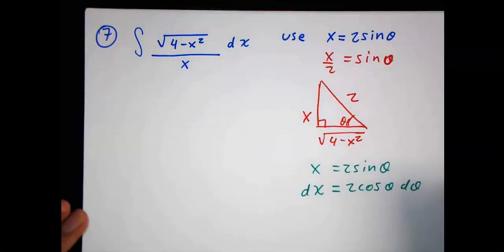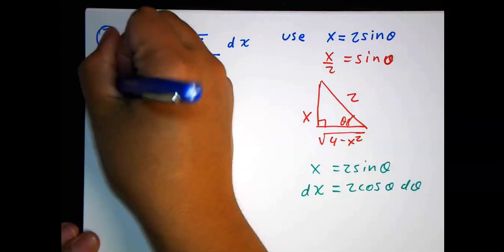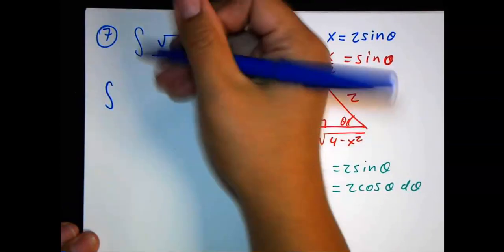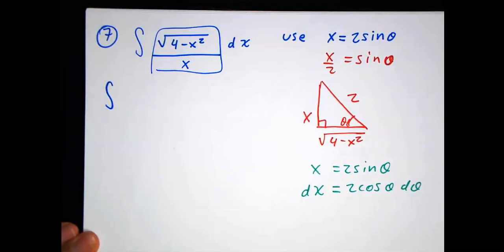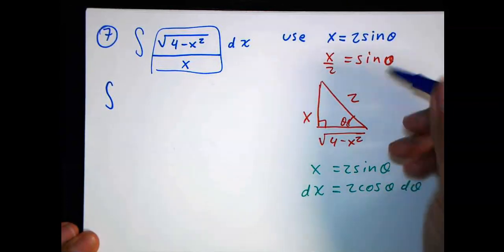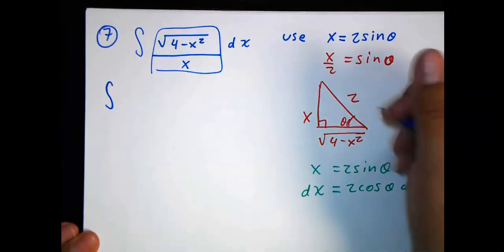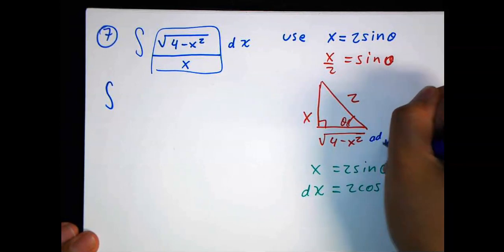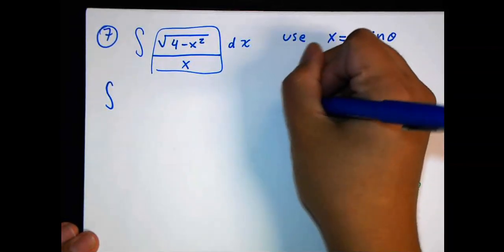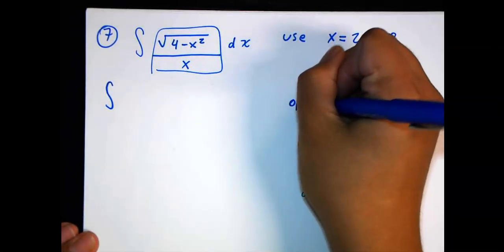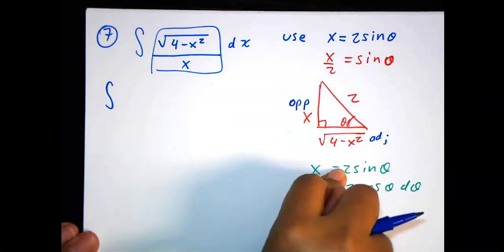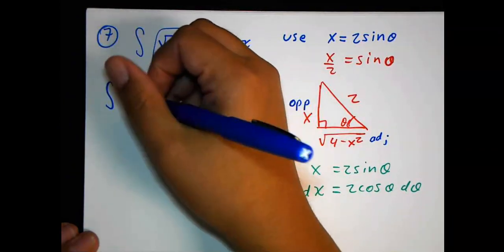I'm going to use this to rewrite our integral. This right here is a ratio of trigonometric functions. This one right here is the adjacent, and this is my opposite. Adjacent over opposite is cotangent.